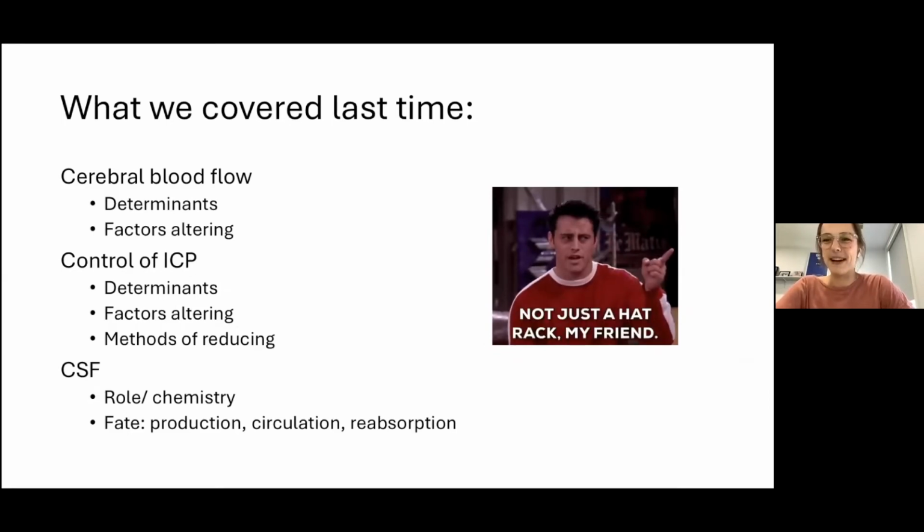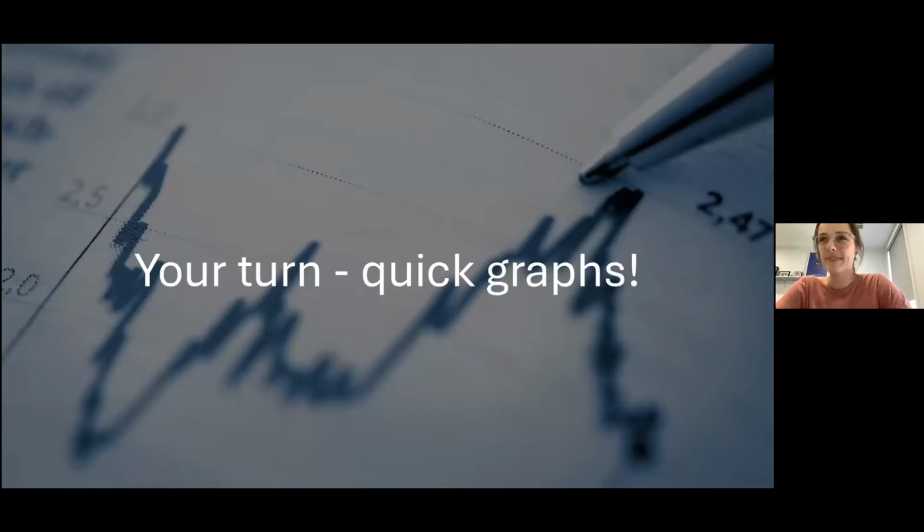So you might remember from last time we covered cerebral blood flow, including the factors determining cerebral blood flow and those altering it, control of ICP, and also CSF. So that's just a little bit of a reminder slide there. So what I'm going to do is we're going to review some graphs that we went through last time.